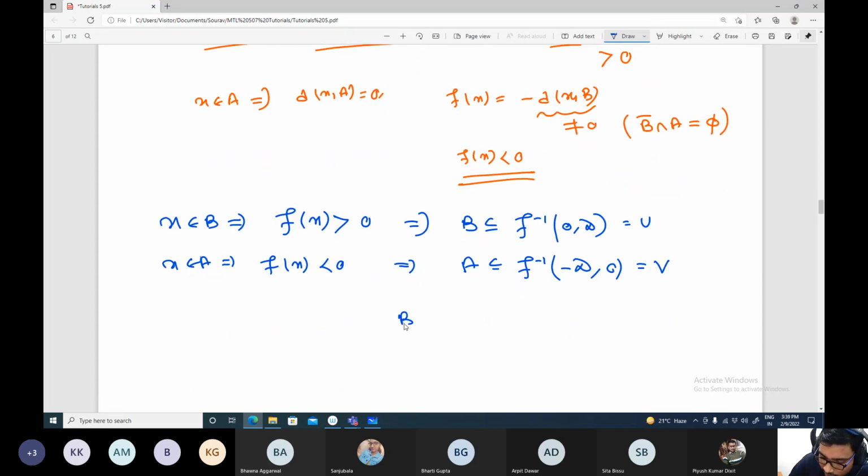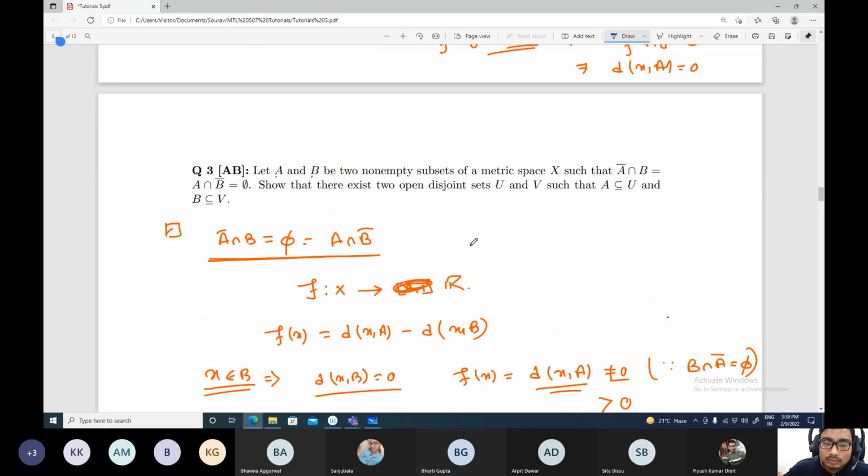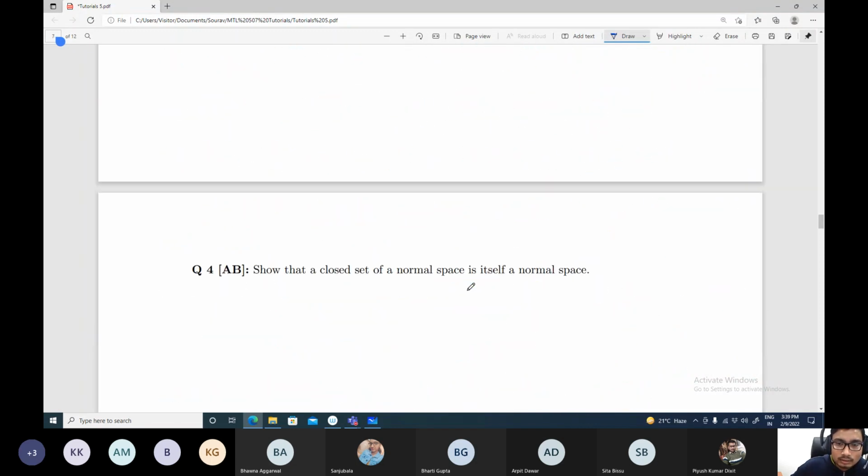So B is a subset of U, A is a subset of V, and U intersection V is empty. So we have achieved our goal, right? We needed two open sets U and V, where A is contained in U and B is contained in V.